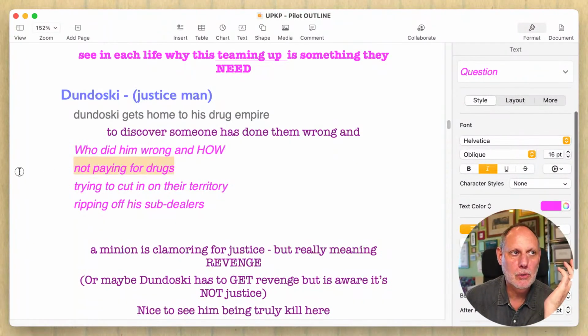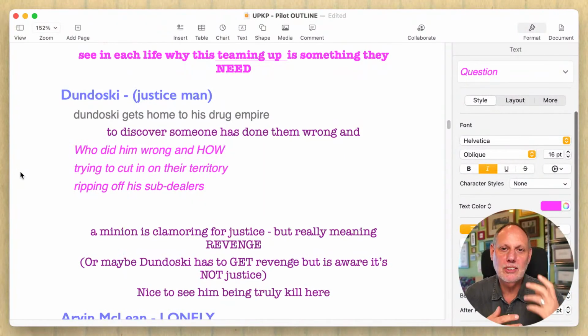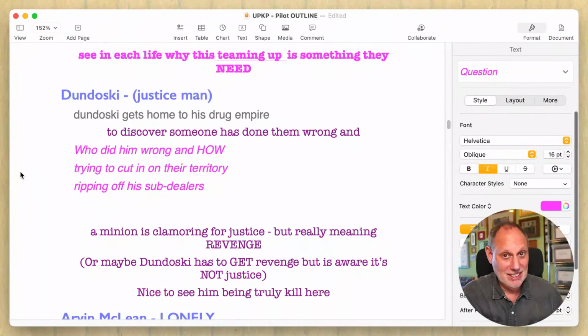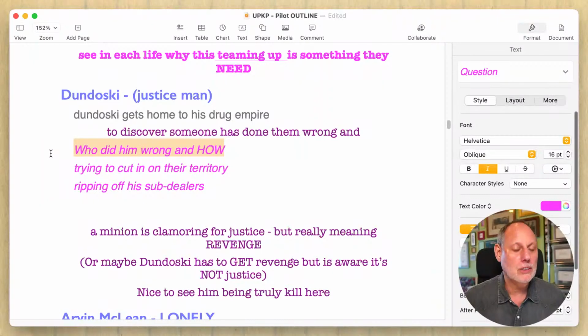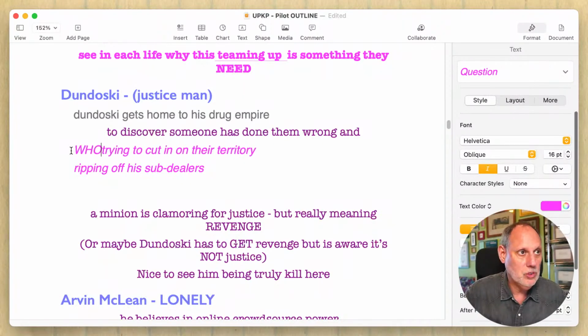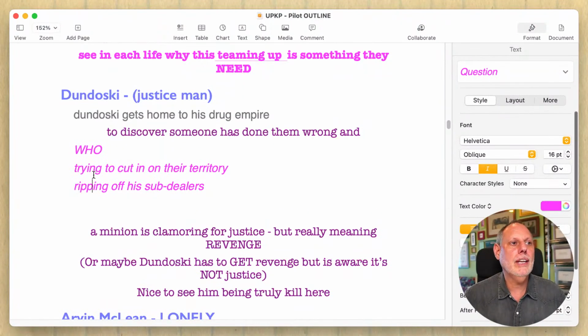Which really would be some form of ripoff, because it's not like they didn't pay their credit card bill. I mean, usually a drug deal happens there in the moment. And if you don't put the money out, that's where the conflict happens. So let's just keep simplifying this. Who is still a question. Either trying to cut into territory or ripping off sub-dealers.